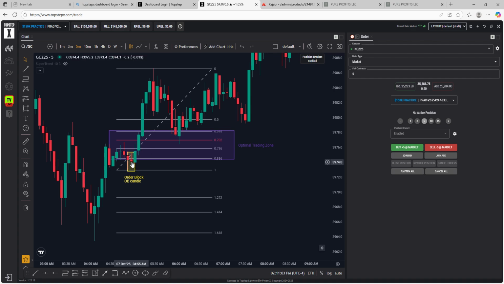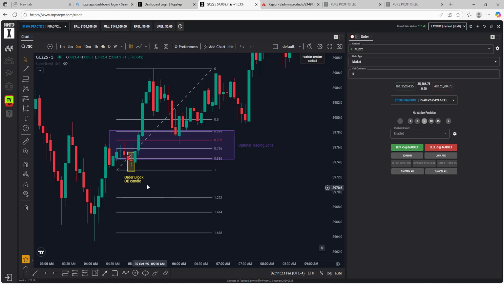Our order block has to close within our optimal trading zone, right? So even with this bottom piece hanging out, as long as this closes in this zone, this order block is valid for entry.